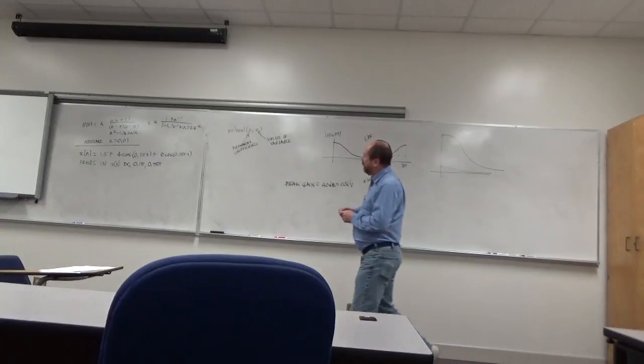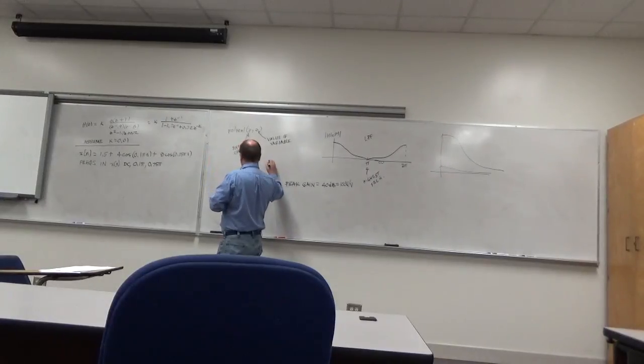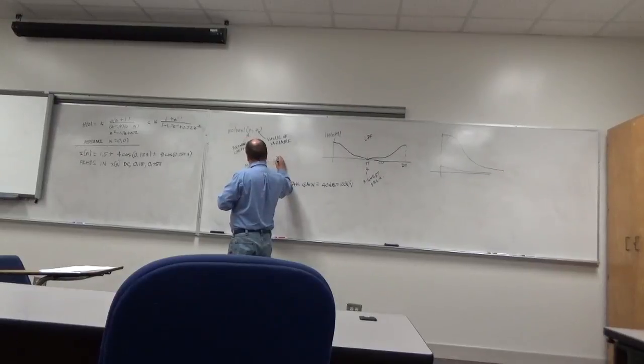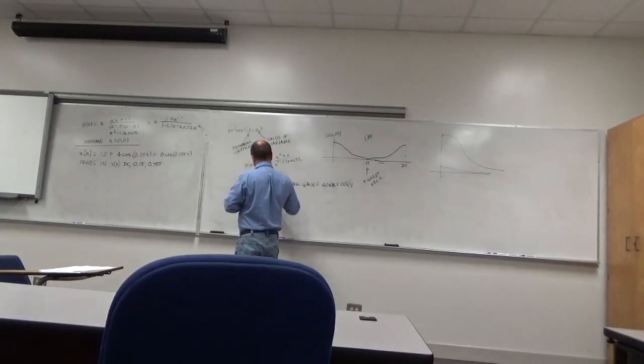I'm going to write h of z over here, and the reason I'm writing it over here is because I'm about to lower the screen again. K is 0.01, that's already done, and then I'll have z squared plus z over z squared minus 1.7z plus 0.72.